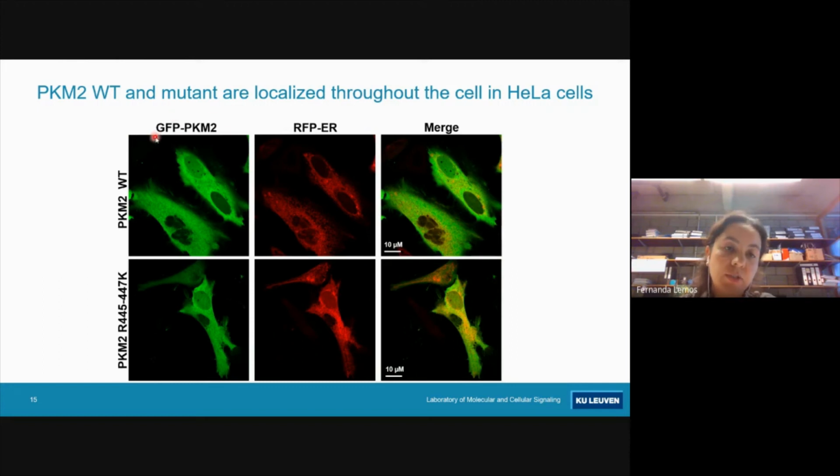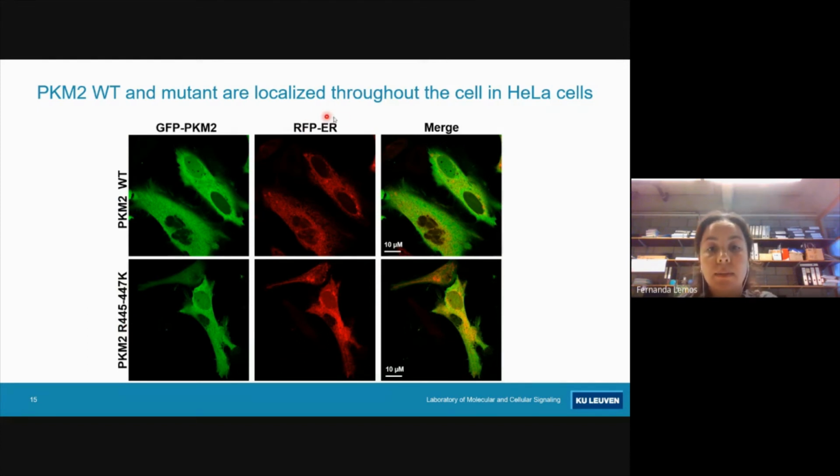I just want to mention that the plasmid we used was PKM2 tagged to GFP, so that's why you are seeing green staining for both the wild type and the non-methylated mutant of PKM2.